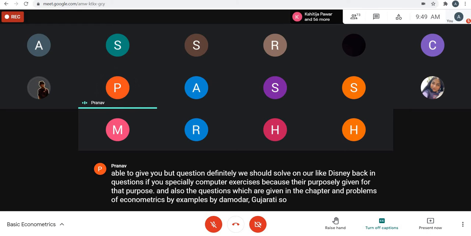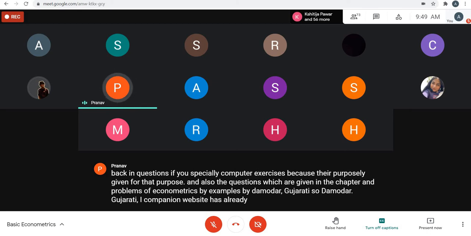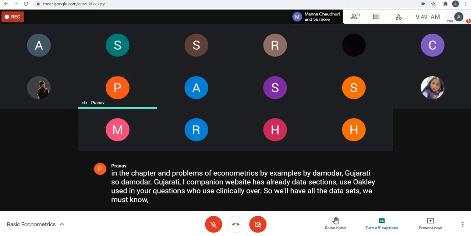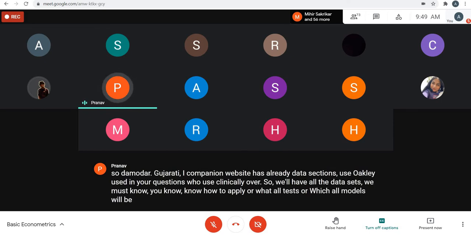So Damodar Gujarati का एक companion website है, उसमें वो सारे data sets हैं जो कि उस book के लिए used हैं या उन questions को use करने के लिए होगा. So we will have all the data sets. We must know how to apply, what all tests and which all models we'll be able to apply to all those data sets.